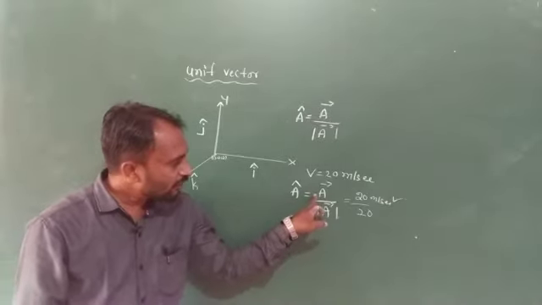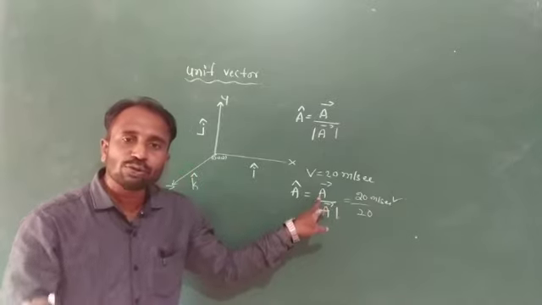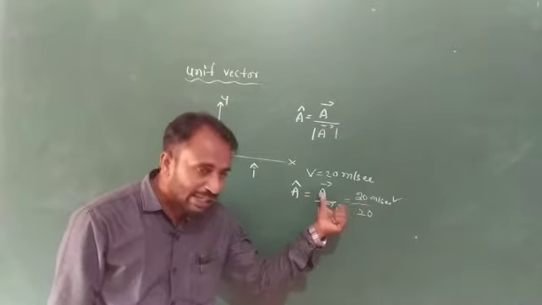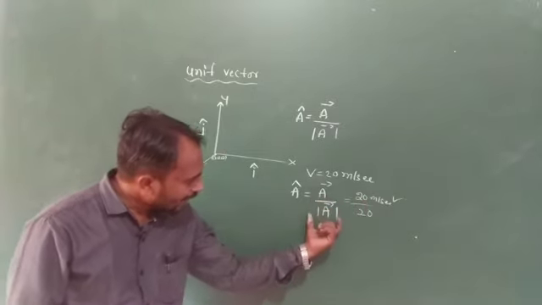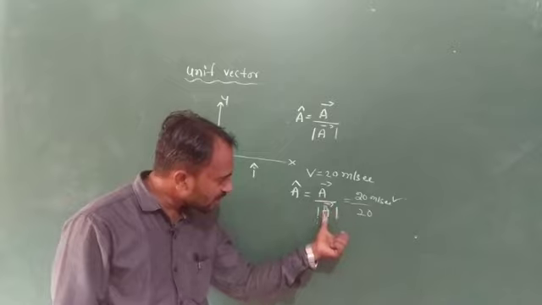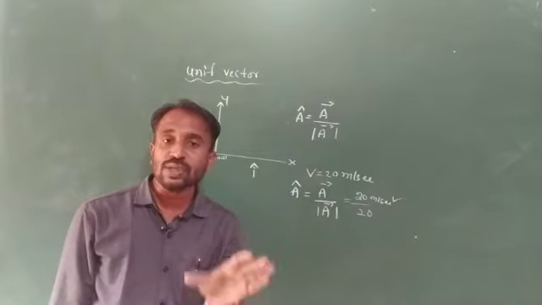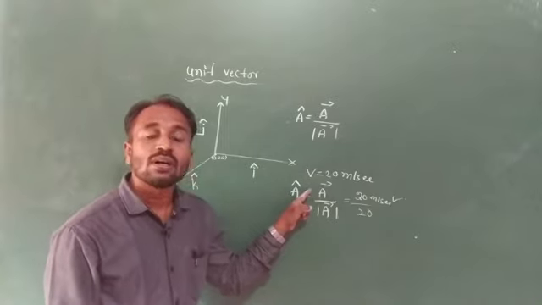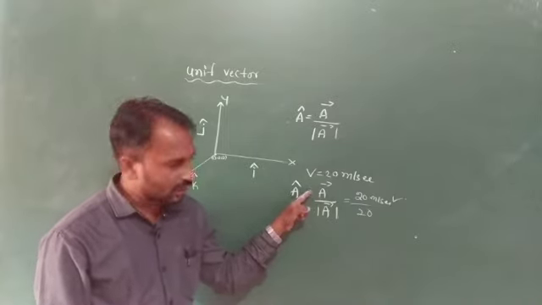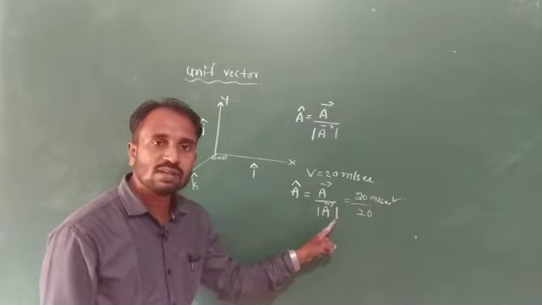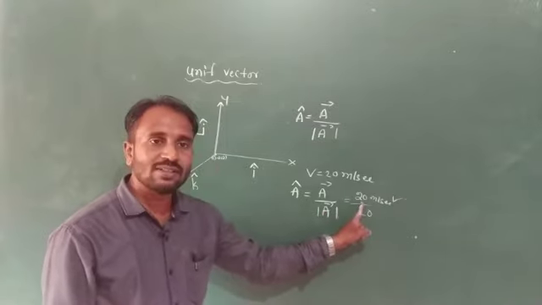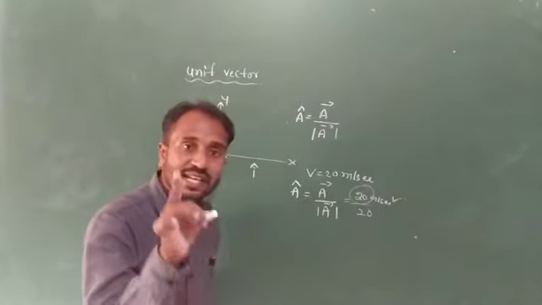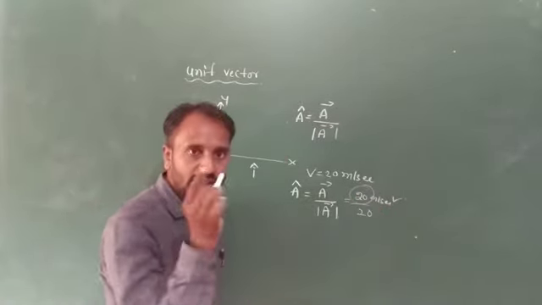Here vector a represents both magnitude and direction. Modulus of vector a represents only magnitude, only the quantity, but vector a represents both direction and quantity. That is why we take vector a divided by modulus of vector a. Here velocity is 20 meter per second, and this value represents both magnitude as well as direction because it is a vector quantity.